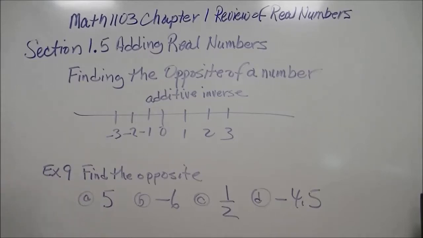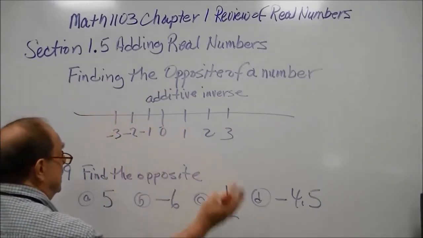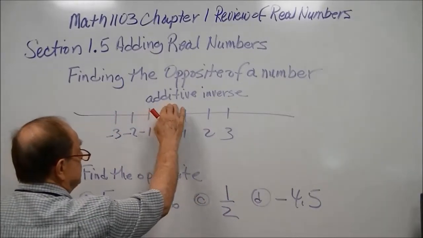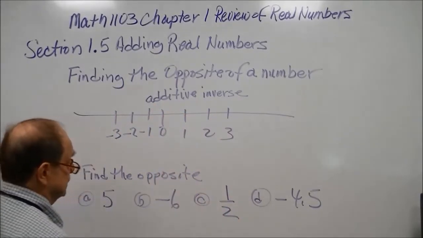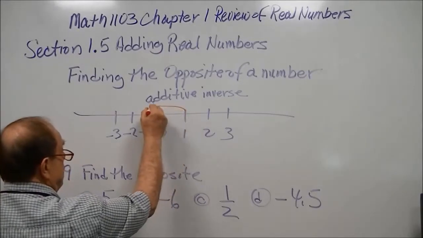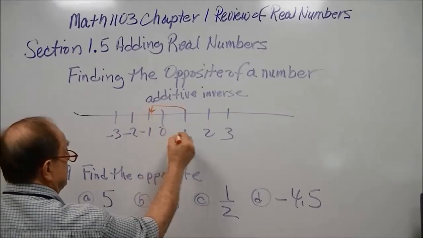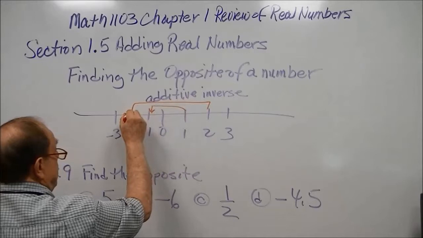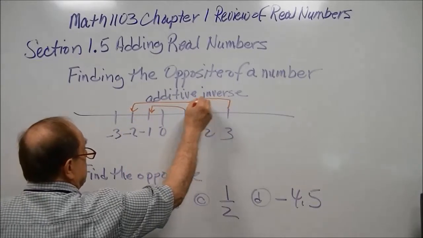So we had mentioned this a little bit before, but here they want us to find opposites of numbers, that is the additive inverse. What number do we add to something to make it a 0? Well, to 1, we would add a negative 1. To 2, we would add a negative 2, and so on.